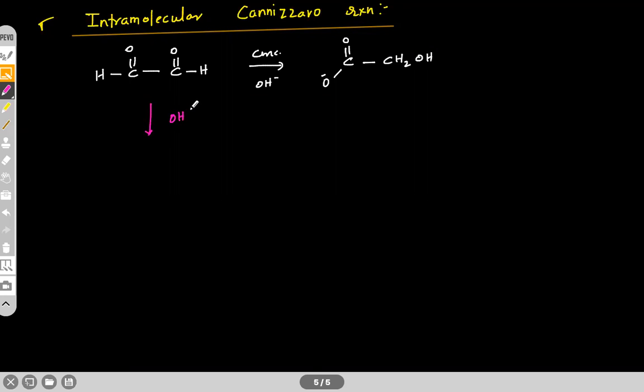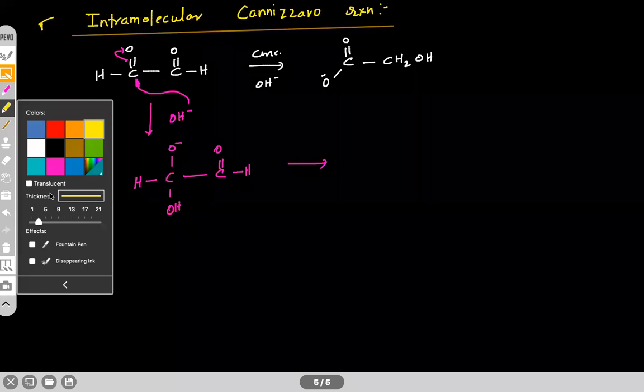OH minus attacks, suppose, on this carbon, because both are symmetrical carbons we have. It attacks on this carbon, pi electron shift, and then it converts into HC, O minus, OH, C double bond O, H. Exactly the same mechanism here we have.